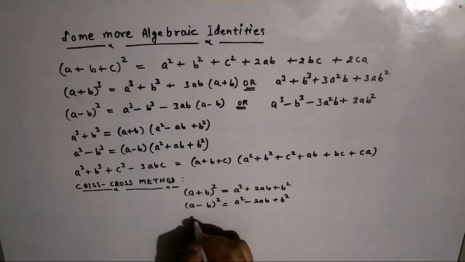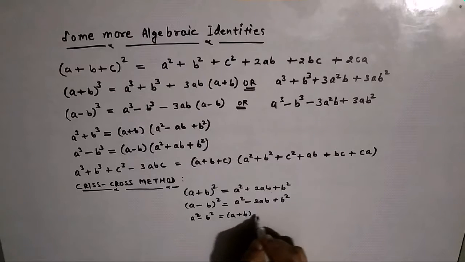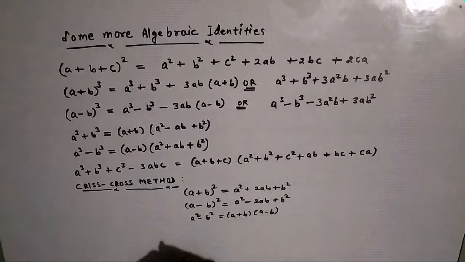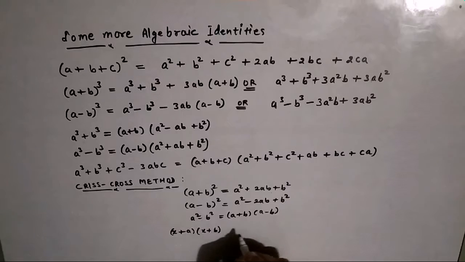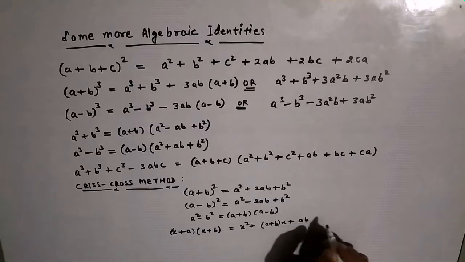Then another identity, a square minus b square, which was written as (a plus b)(a minus b). And then there was a general expression, x plus a multiplied with x plus b, which could be written as x square plus (a plus b) into x plus a into b.